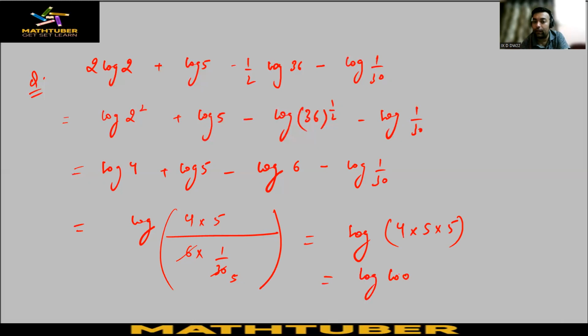Log of 100. And log of 100 can be written as 10 raised to power 2, log 10 raised to power 2, which is 2 log 10, and I told you that log 10 is 1 only. So 2 will be the answer, right? So this is how we have to do these questions.